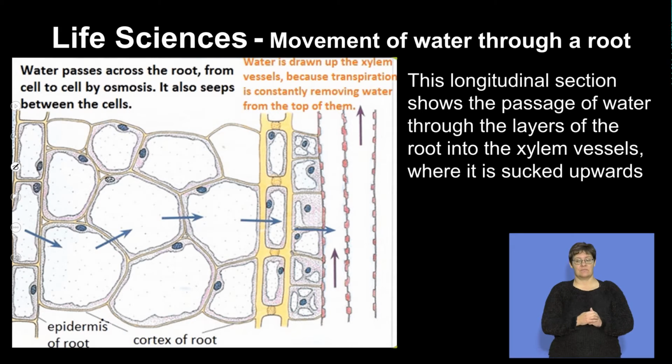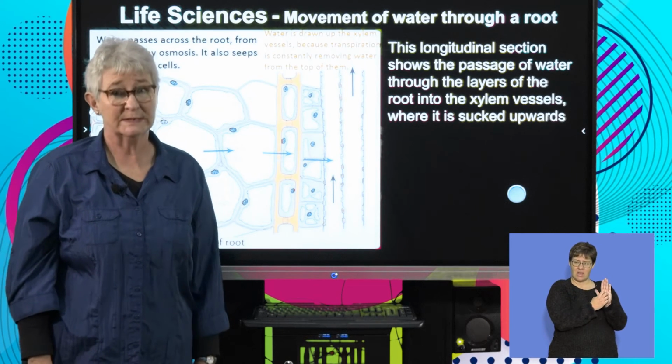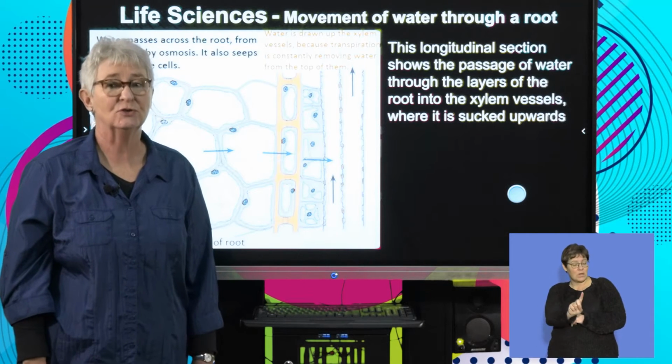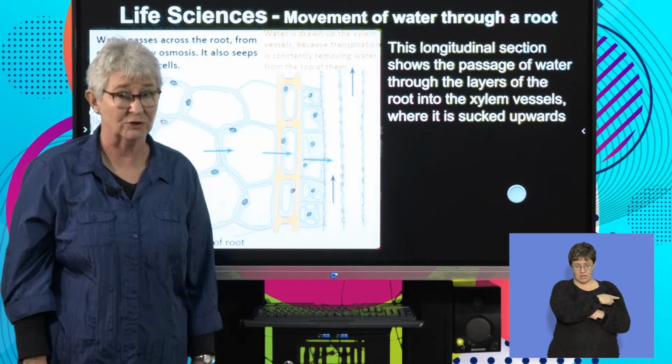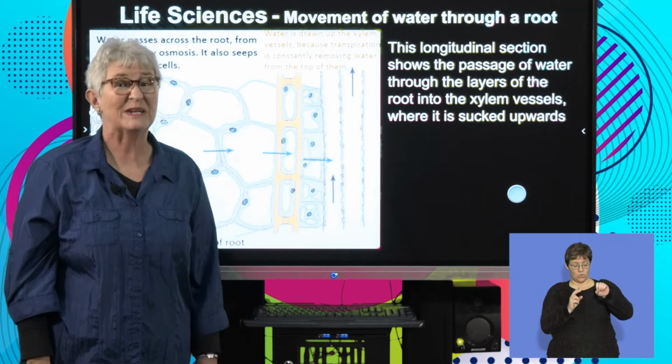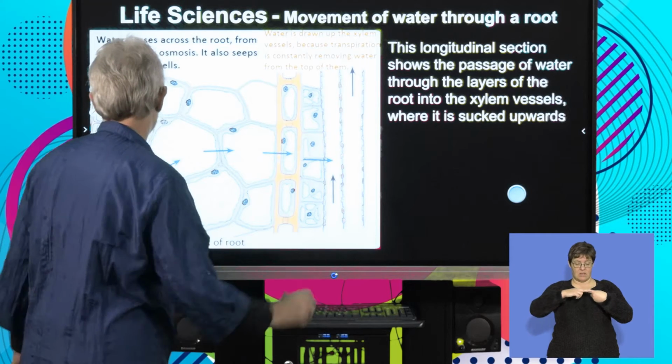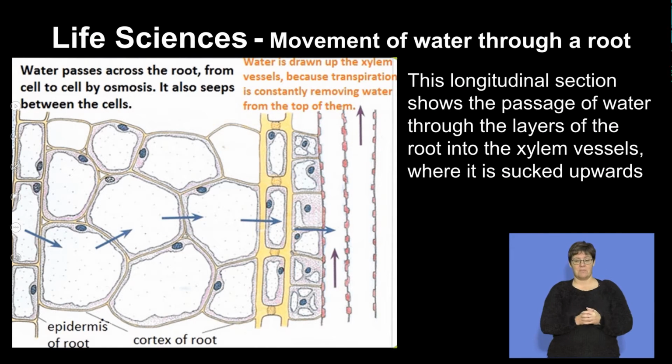The previous picture was looking at a cross-section of a root. This picture is looking at a longitudinal or a lengthways section of the root, so we can see what happens once the water gets into the xylem. So let's have a look. This is where the water comes in from the root hair.